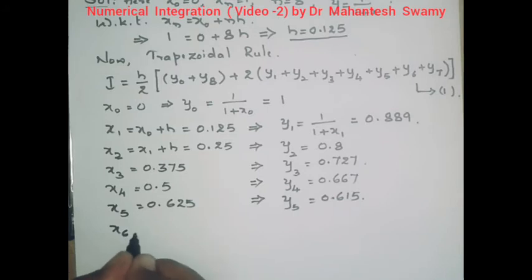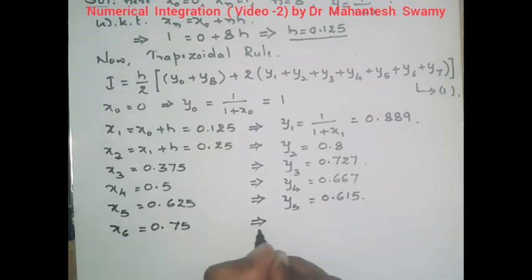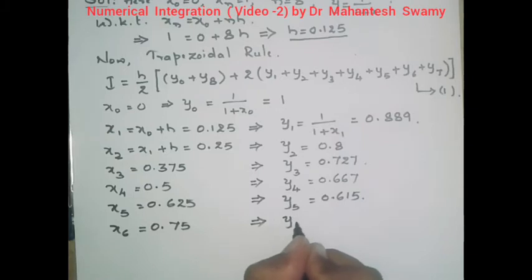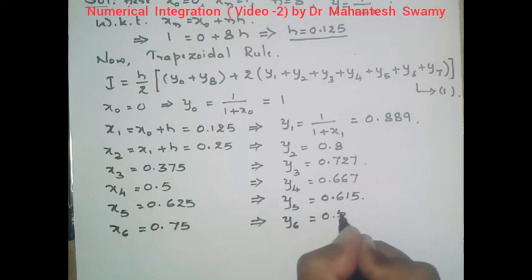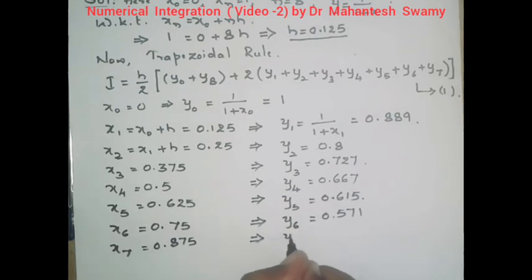x6 is x5 plus h, therefore it is 0.75, and this after substituting in the expression of y gives y6 equal to 0.571. Similarly x7 can be computed as 0.75 plus the value of h, that is going to be 0.875, and this value after substituting in the expression of y gives y7 as 0.533.